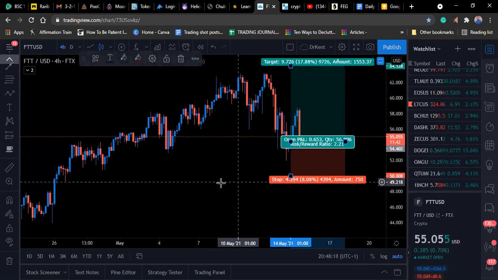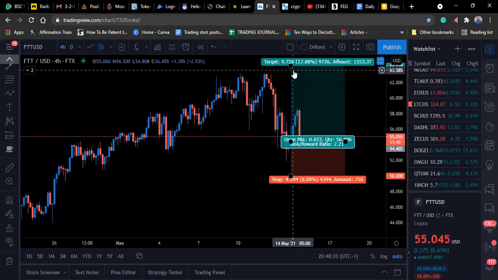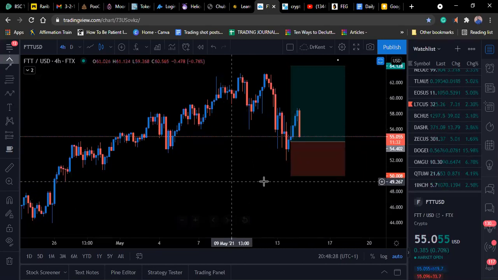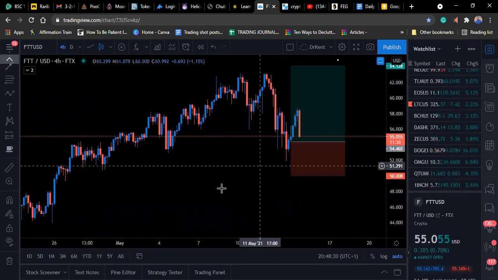The reason for having a profit target is because sometimes price might not necessarily get to your profit target, then it will start dropping. So you also want to set this red zone as a buy area.